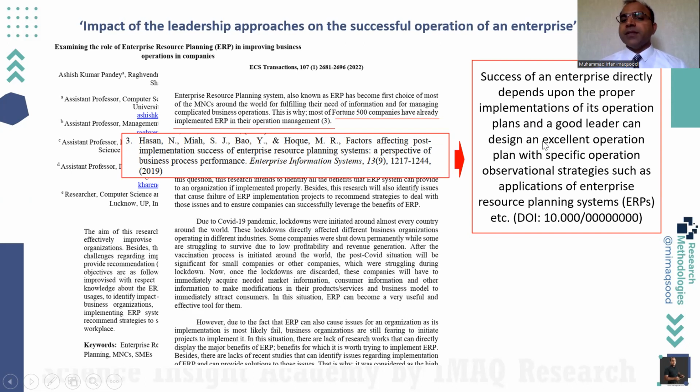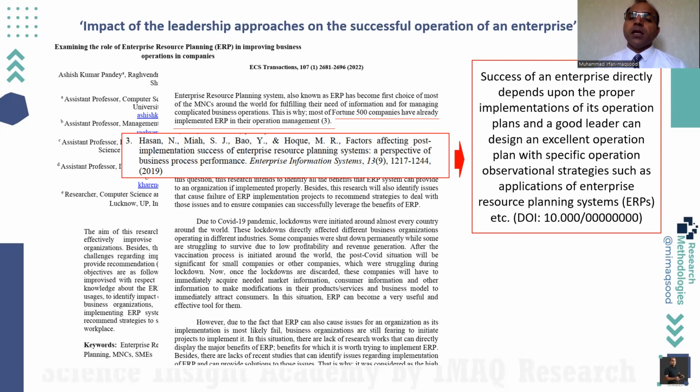And a good leader can design, see, we are correlating that piece of knowledge to the questions we had and to our concepts. A good leader can design an excellent operation plan with specific operational strategies, such as the application of enterprise resource planning systems, the software which helps to maintain successful operations of an enterprise.